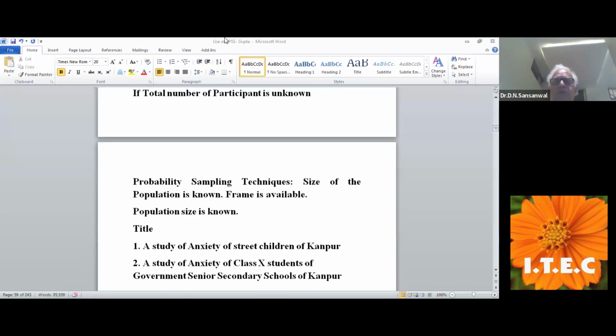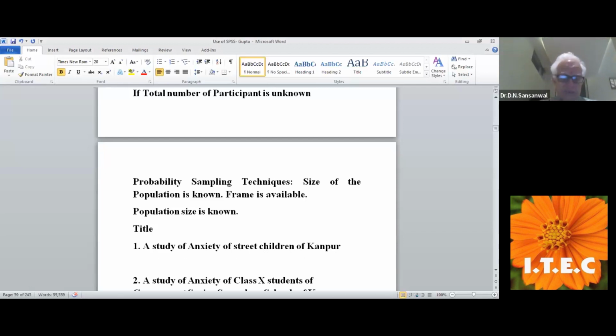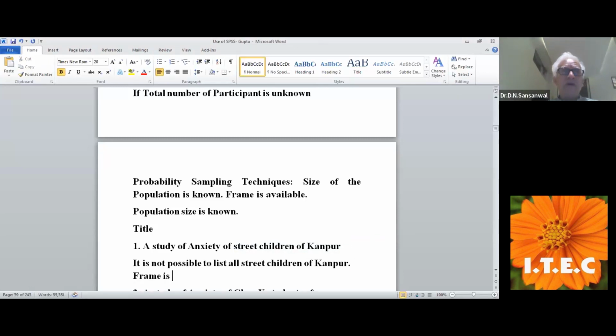So you have understood that in case number one, it is not possible to list all street children of Kanpur. So that means the frame is not available. Frame is unknown.